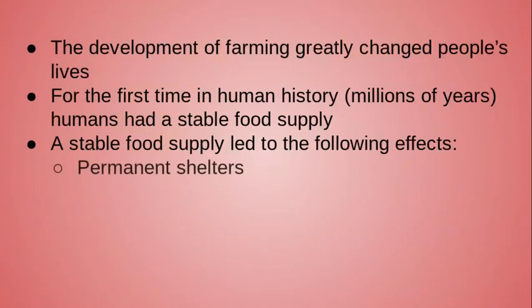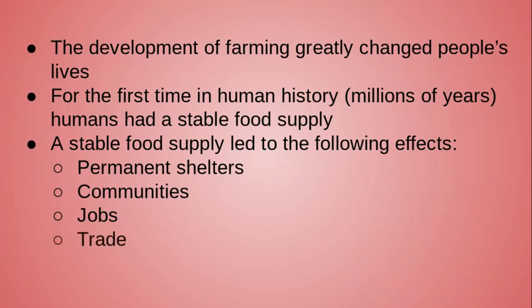We started living in permanent shelters because we didn't have to worry about going out and finding food. Because we lived in permanent shelters, we started forming large communities. Because we lived in communities, we started dividing up our jobs and making new and better jobs. And eventually, we're going to have the creation of trade out of that. So we can go out and get new things.